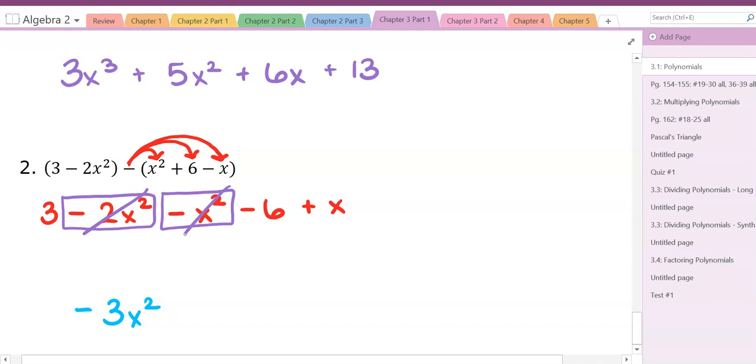What should go next? Plus x. That's the only one I see there. There's no other x term. So I'm going to go ahead and just write plus x. So then last are your numbers, which you have 3 and negative 6. What's 3 plus negative 6 or 3 minus 6? Negative 3. So we should have minus 3.